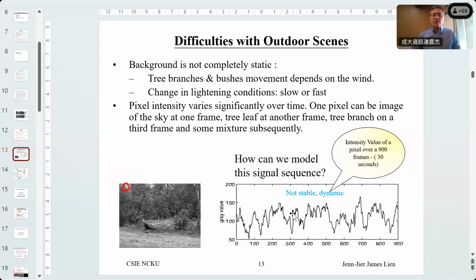Okay, so back to here. Suppose we have a signal like this one. This is the time, the frame, and this is the gray value change. And this one we call the histogram. In the other lecture, I think it's chapter 7 or something, the entire chapter is talking about the histogram.